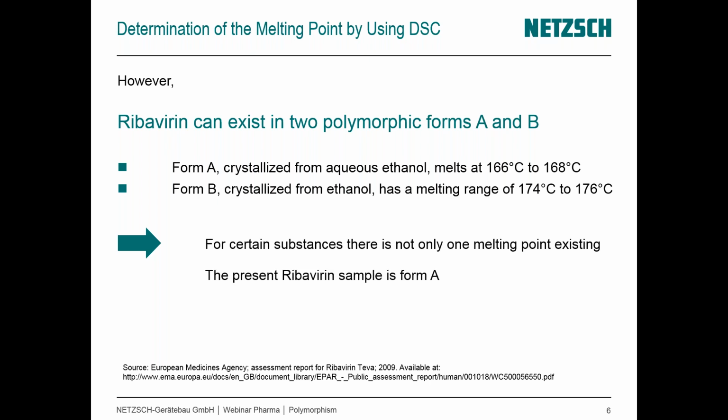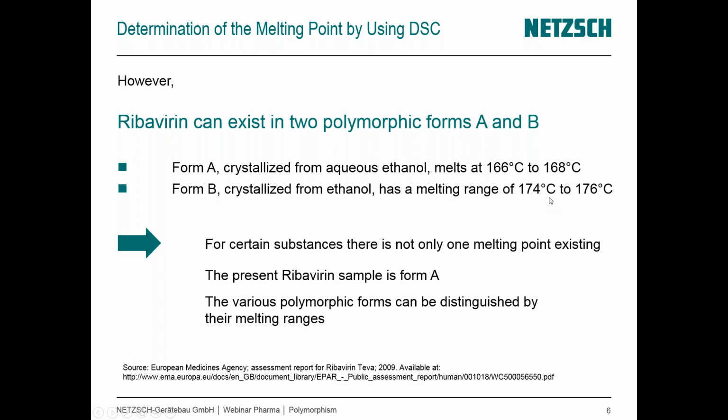So for this particular substance, it has the same stoichiometry, the same chemical formula, but the physical structure of the substance is different. So for certain substances, we have not only one melting point, but we can have multiple melting points. The example that we showed before is, of course, Form A, based on the melting point, that onset and the peak temperature that we saw.